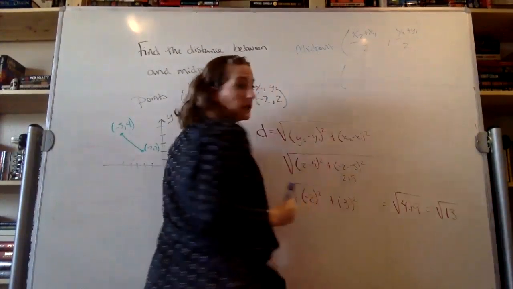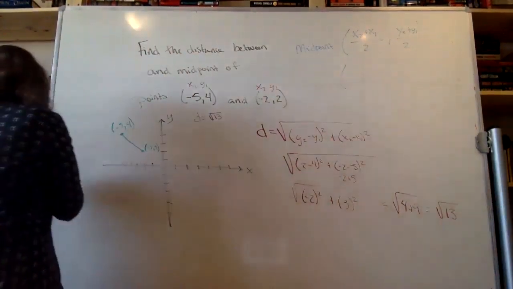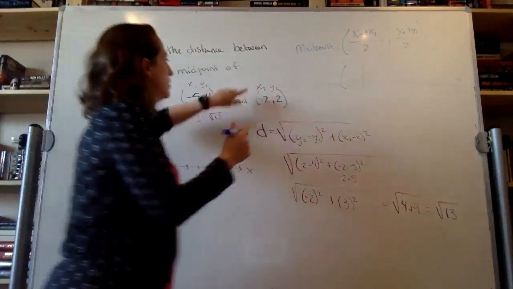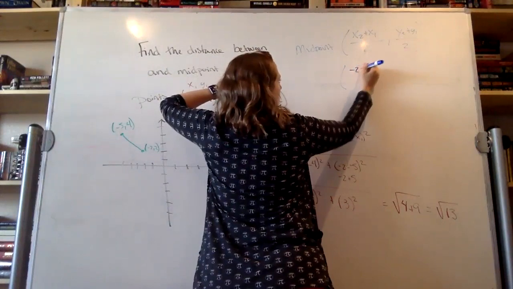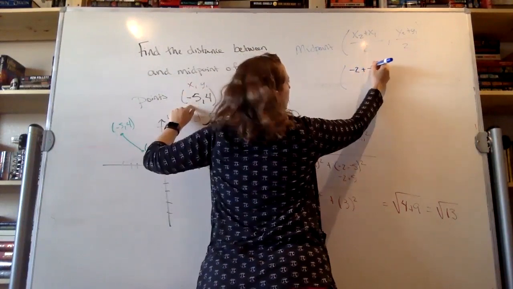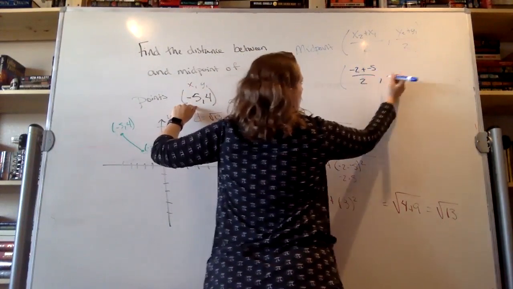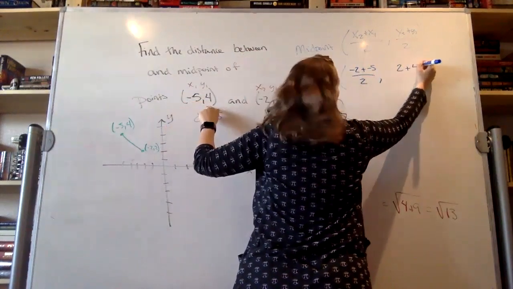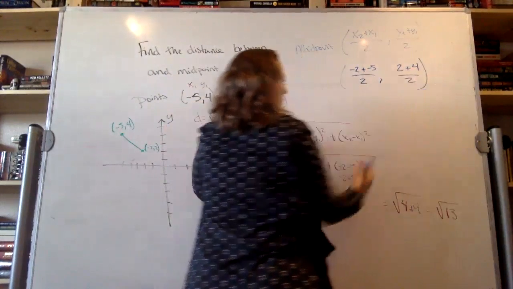All right, so let's plug in here. Oh, it's hard to see, I'm sorry. So x2 is -2. So -2 plus x1, -5, over 2. y2 is 2 plus y1 is 4 over 2.